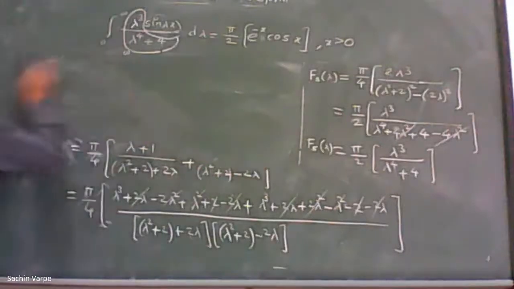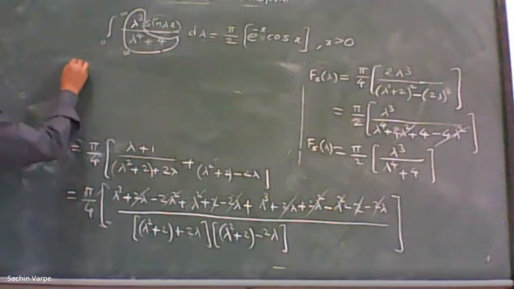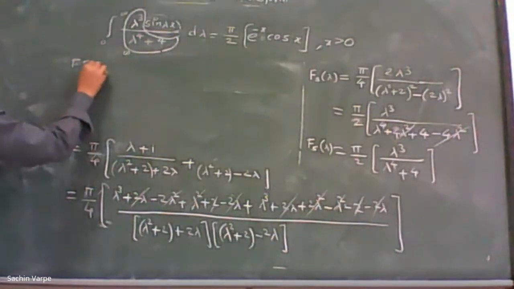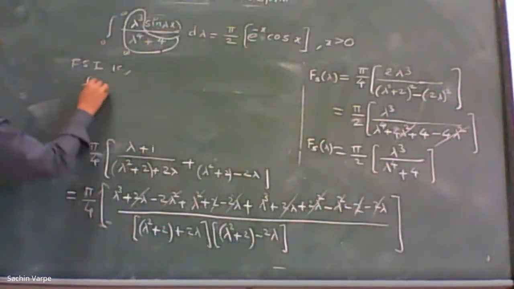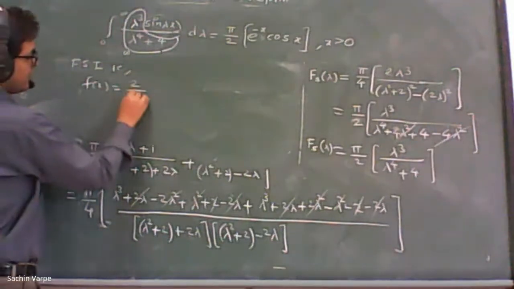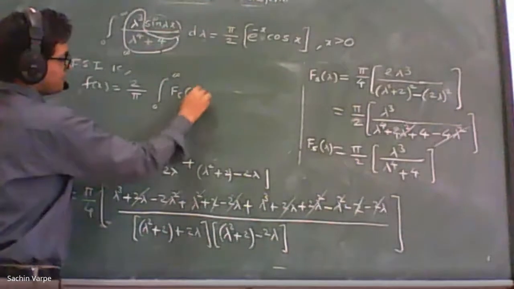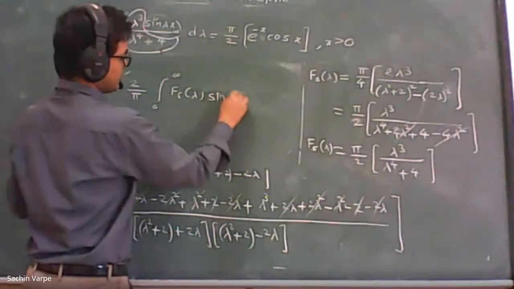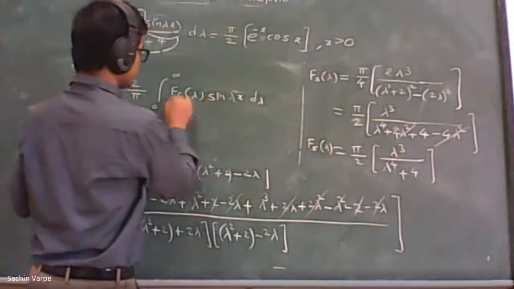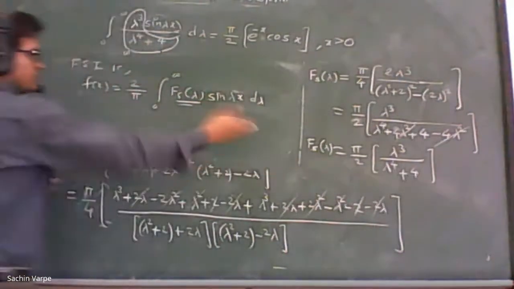So substituting that Fourier transform into its integral, what is the Fourier sine integral representation? Therefore, Fourier sine integral is f of x equals 2 by pi integral from 0 to infinity fs of lambda sine lambda x d lambda. And now substitute the value of fs of lambda we have got here.